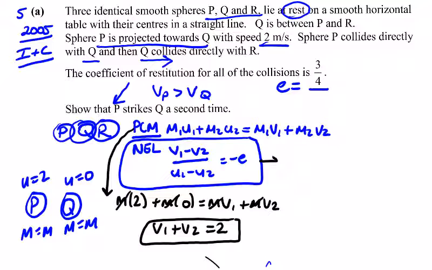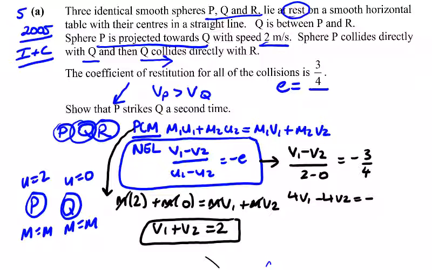Then we can apply Newton's experimental law: v1 minus v2, which are our unknowns, over 2 minus 0 equals minus 3/4. So we get 4v1 minus 4v2 is equal to minus 3 by 2, which is minus 6. If we multiply the first equation by 4, we'll be able to cancel our v2's.